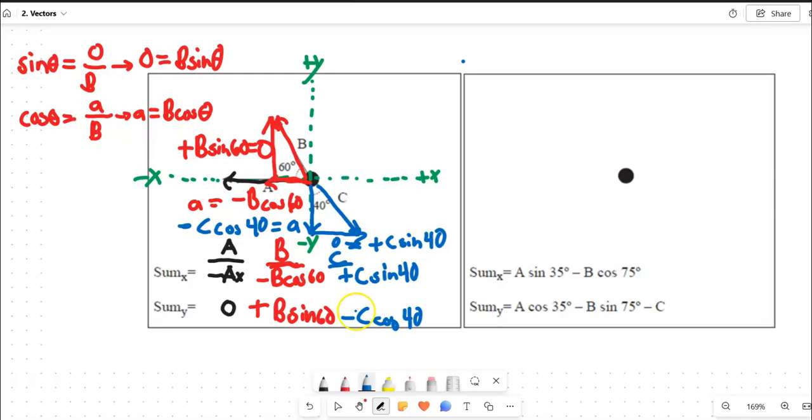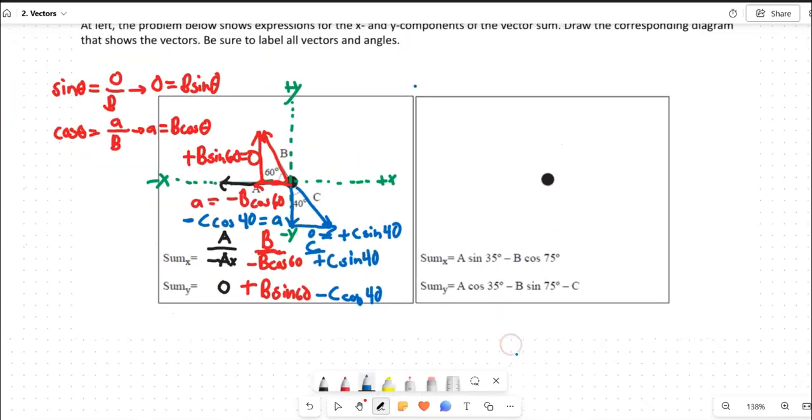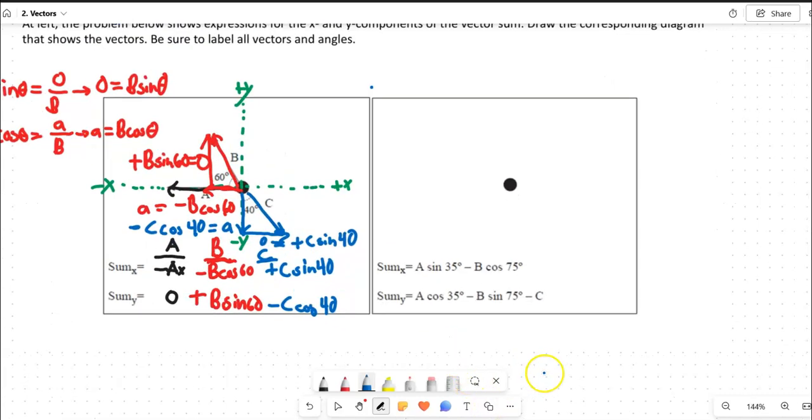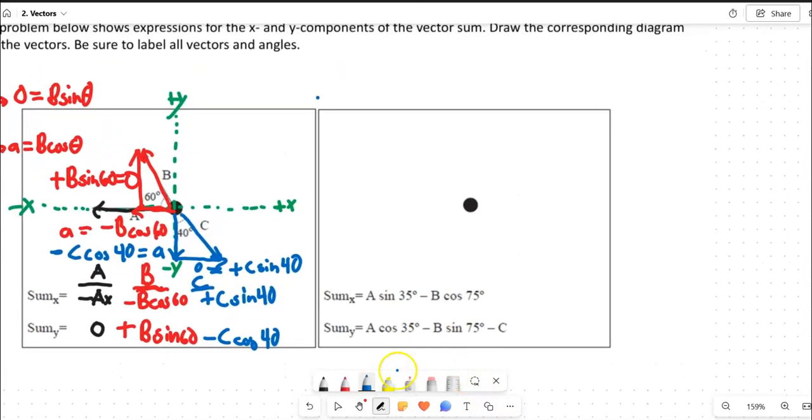Now the second page of our tutorial looks like this. You have a dot and you're supposed to write out these vectors that are indicated right here. Okay? So to do that, again, we're going to lay down our coordinate system.